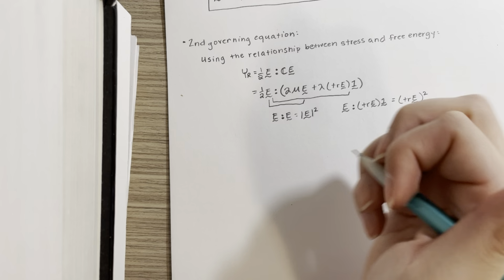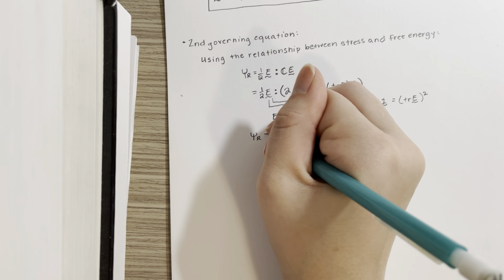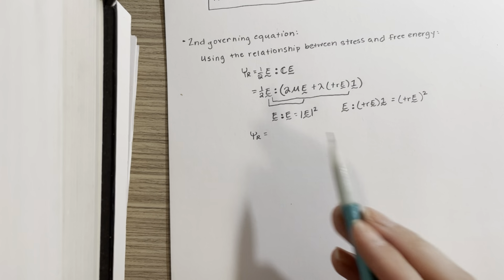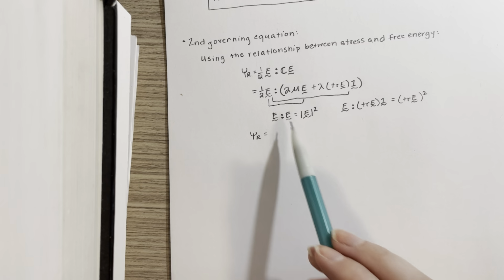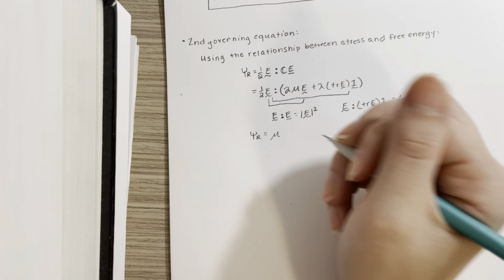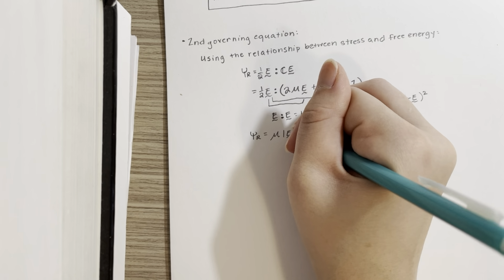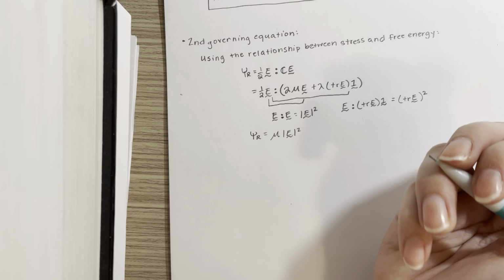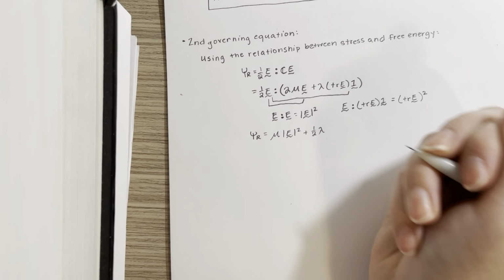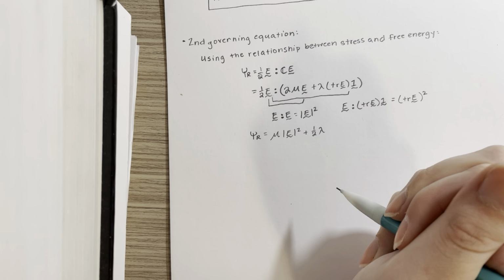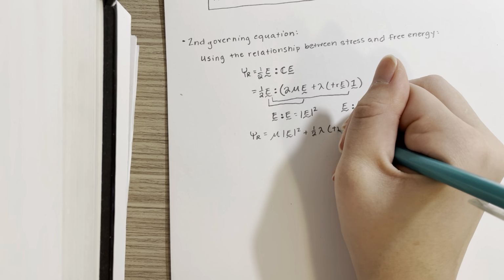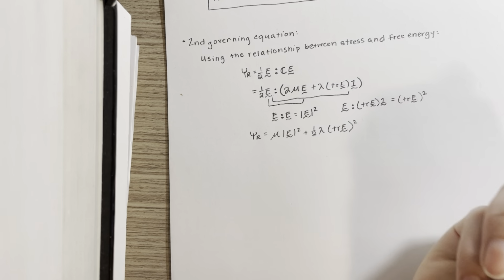So now we can rewrite the free energy. We can distribute: 1/2 times 2 times mu, so the 1/2 and 2 cancel, and we're left with mu times the magnitude of E squared. And then we have 1/2 lambda, and we know that E double dotted with trace of E times the identity tensor is trace of E squared. So we have trace of E squared.